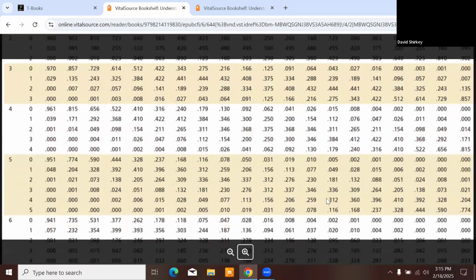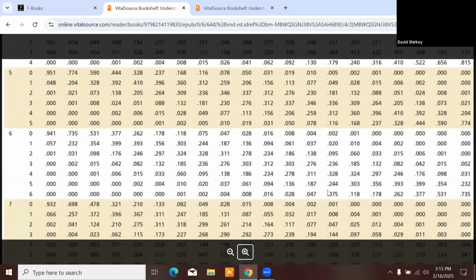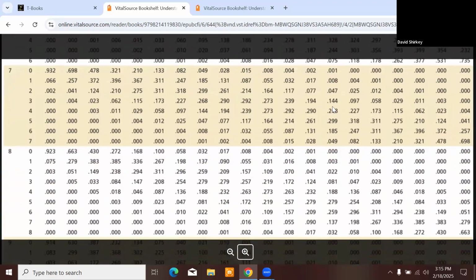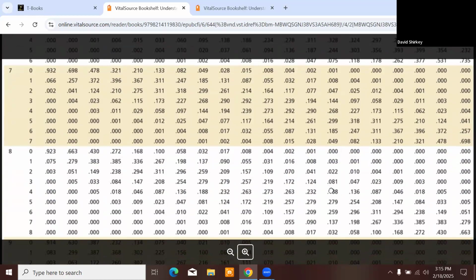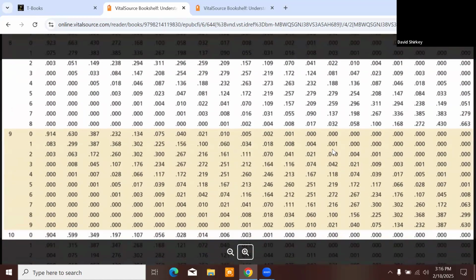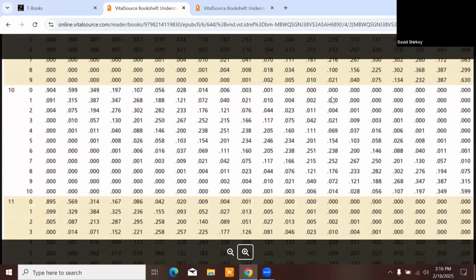Let me make sure of what column we're in here, 0.65. And you keep on going down for the probability of 0, 1, 2, 3 that you're subtracting from 1 to see if it's greater than 95%. Well, that doesn't happen until you get down to where N equals 10.